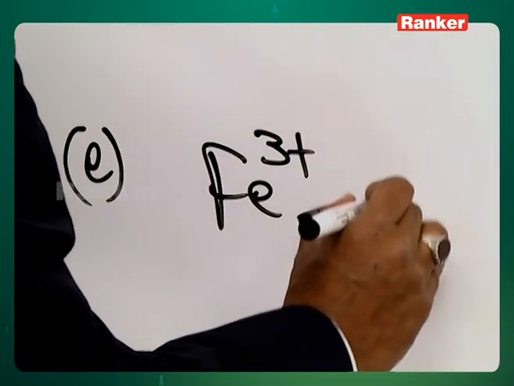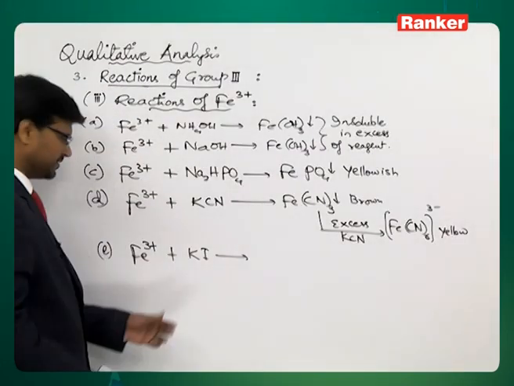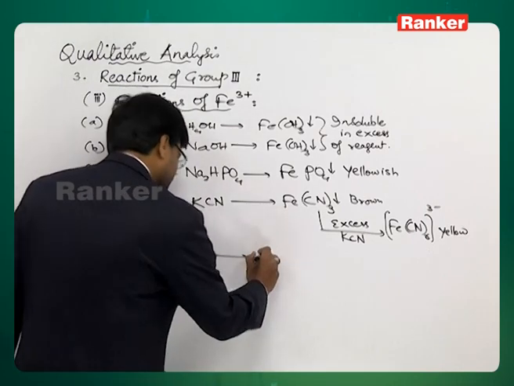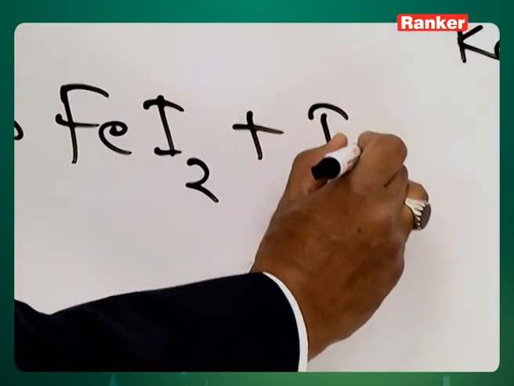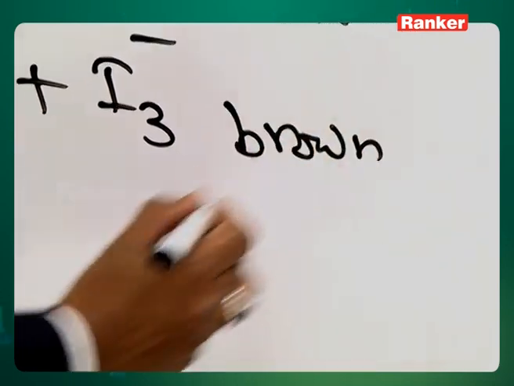Ferric, when it reacts with KI, a redox reaction takes place. Iodide is a good reducing agent, ferric is a good oxidizing agent. You get FeI2 plus I3-. This is responsible for the brown solution.